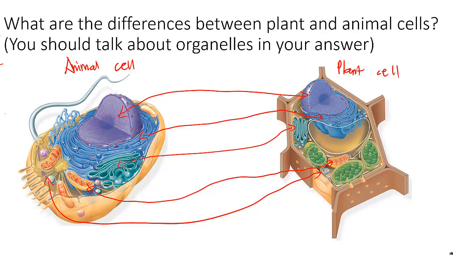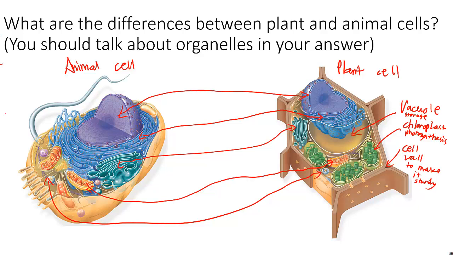It has the vacuole. It has the chloroplast. And it has the cell wall. It has three things an animal does not have. It has a vacuole for storage, a chloroplast for photosynthesis, and a cell wall to make it sturdy. Right?